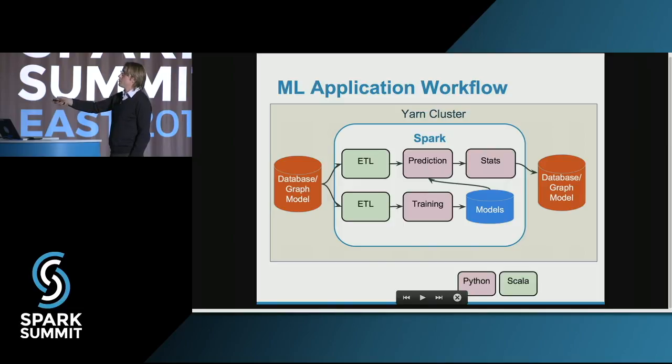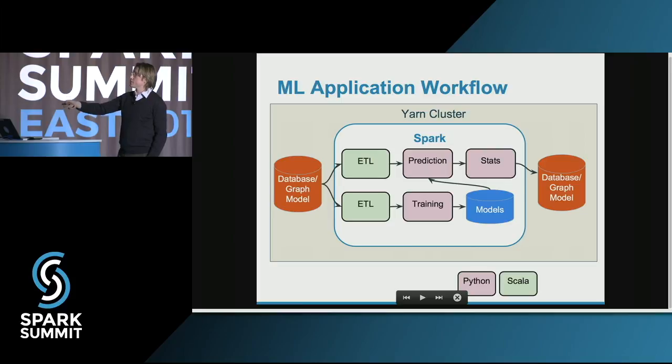Then we typically perform prediction by taking the pre-trained models. And then we record various statistics and ultimately write our conclusions, the analyzed data derived from what we analyze, the actual results, back to the database and make it available for analysts to look at.